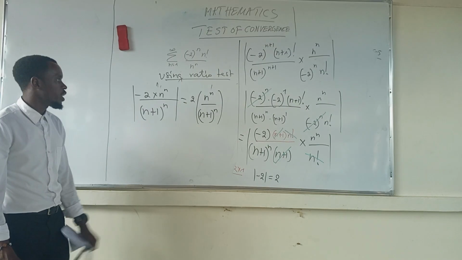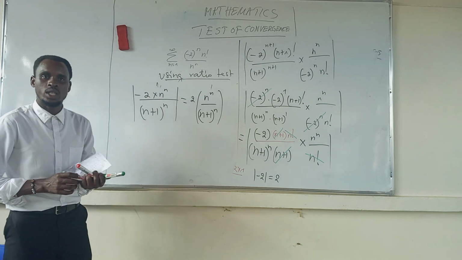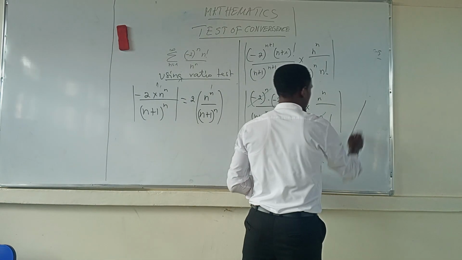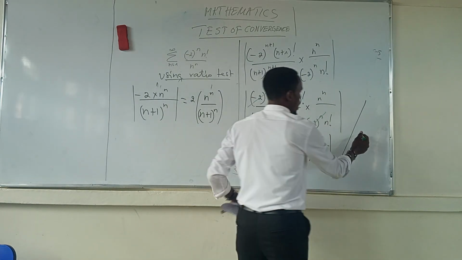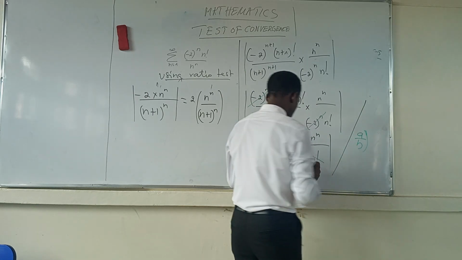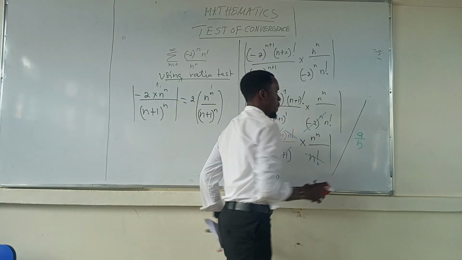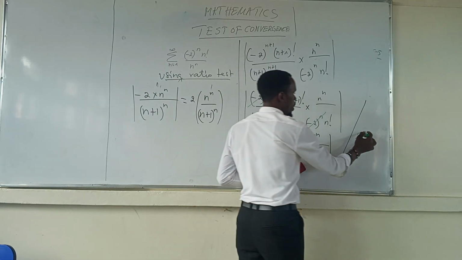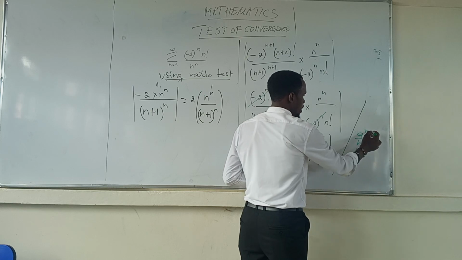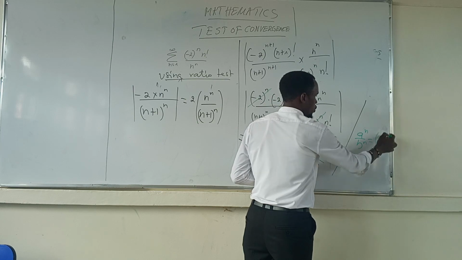Guys, there is another rule of exponents that we have to remember. When I have a over b, where a is powered n and b is powered n, this is equivalent to a over b both to the n.